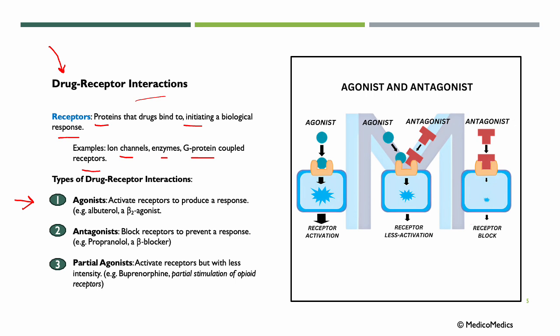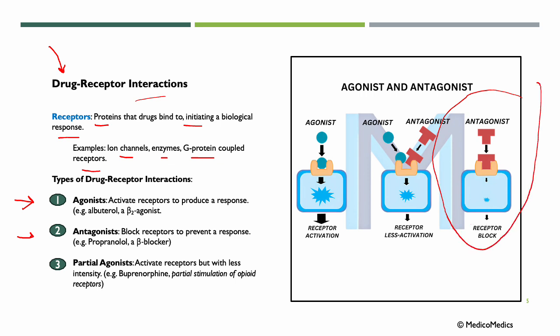So agonists activate receptors to produce a full response. Then we have antagonists. These bind, but they do the reverse. They block the receptor, preventing activation, seen here in this illustration.